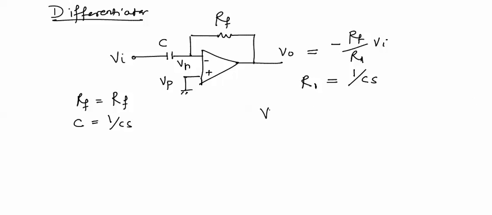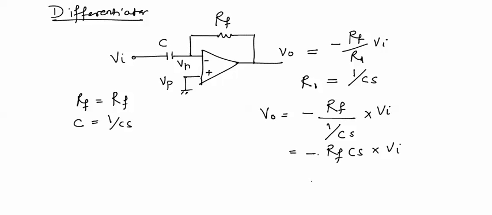So for this circuit, V0 will be written as minus Rf upon 1 by Cs into Vi, which is minus Rf into Cs into Vi, which is minus Rf into C, and we know that S in the numerator can be replaced by d by dt of Vi.